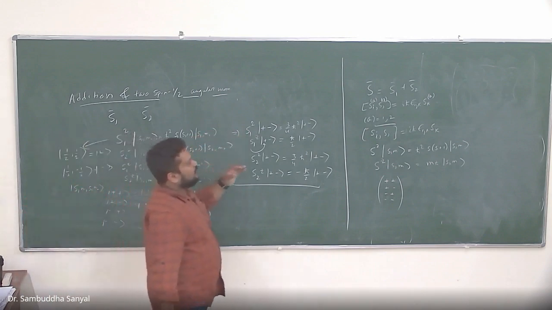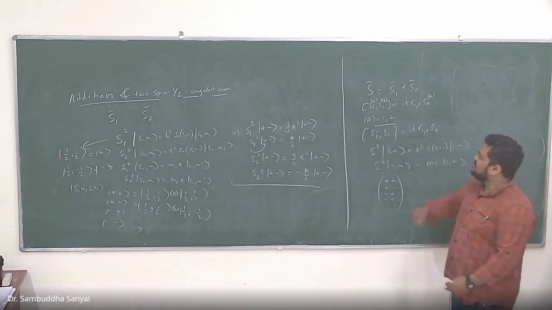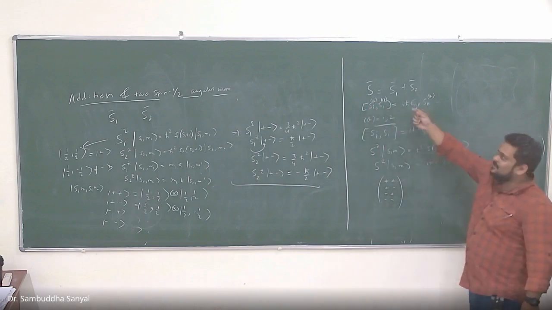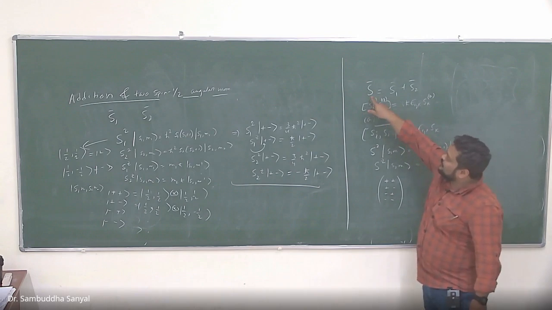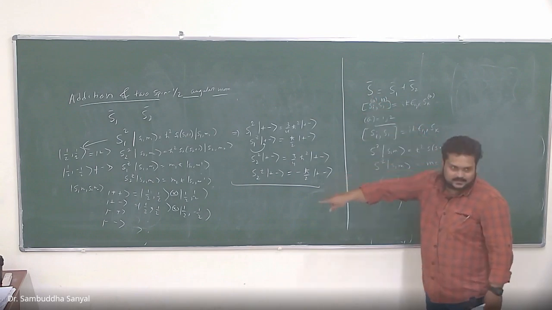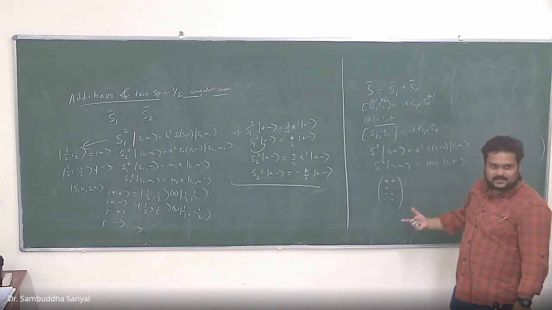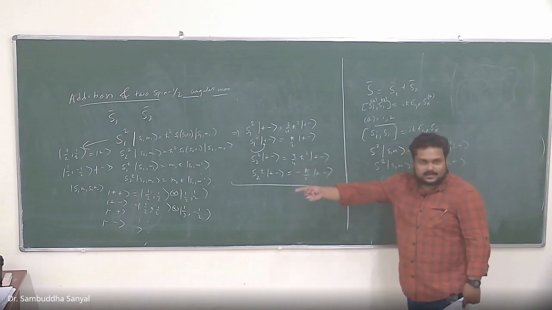Now I want to think of an operator which is the sum of these two operators. This is the problem of addition of angular momentum. I am adding this angular momentum, and I want to ask, what is the eigenstate of this operator? This will also be a four-dimensional Hilbert space, right? And this four-dimensional Hilbert space, we already know, is spanned by these eigenstates.